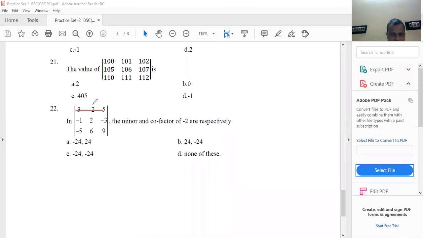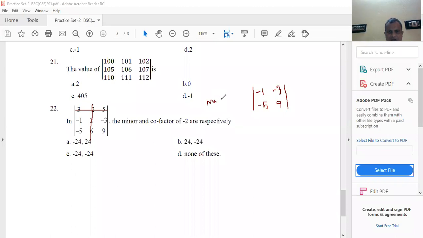When we find the minor and cofactor of a certain element, you have to discard the corresponding row and column. We get a remaining one-order-less determinant: minus 1, minus 3, minus 5, and 9.